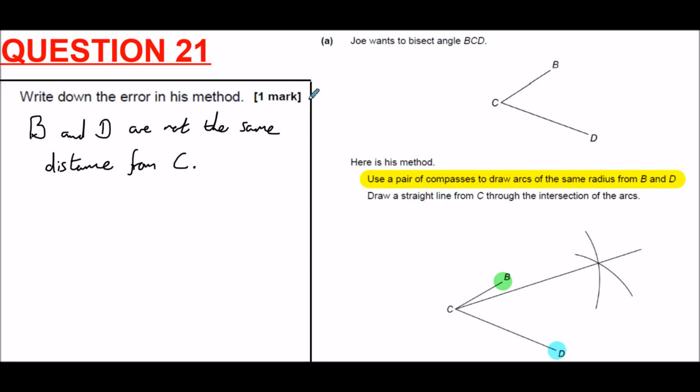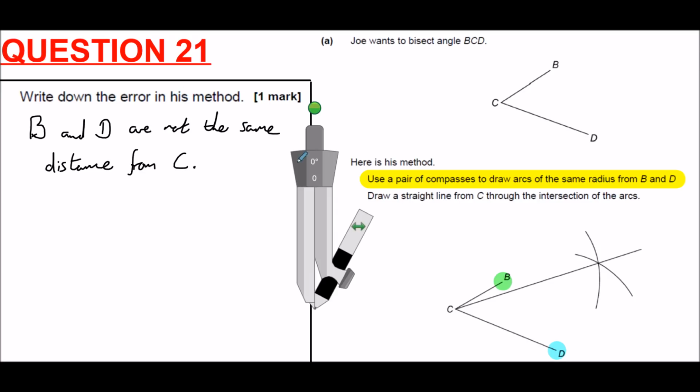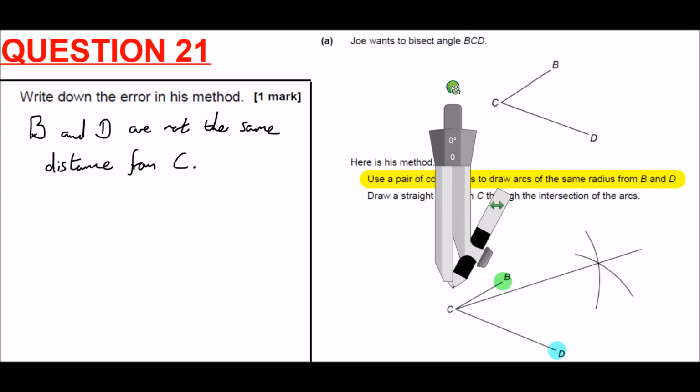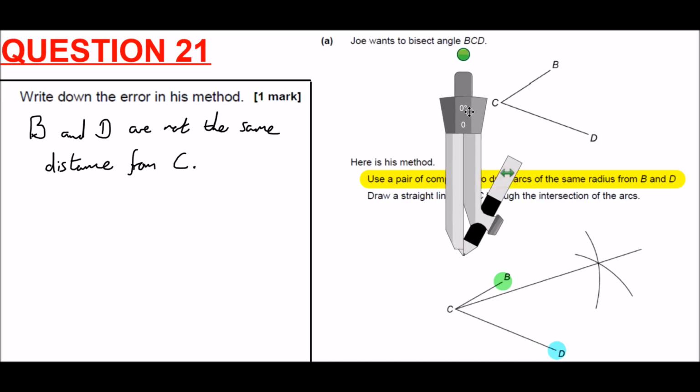So B and D aren't the same distance. So what he should have done, I'm just going to show. So first of all, he needs to get his compass. He needs to put his compass on the line.